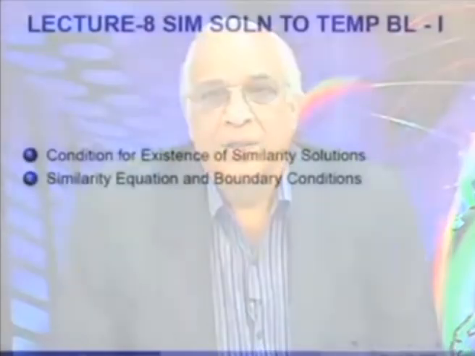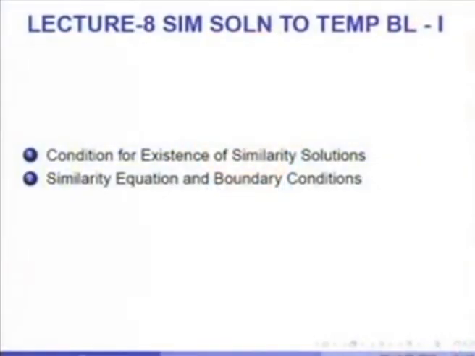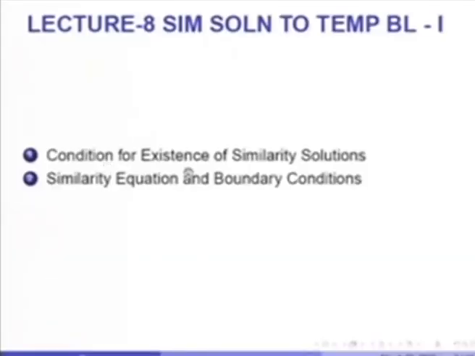Today, we will deal with the similarity method for the temperature boundary layer, or the energy equation. And like before, we shall first establish the condition for existence of similarity solutions to the temperature boundary layer equation, and then derive the boundary conditions.